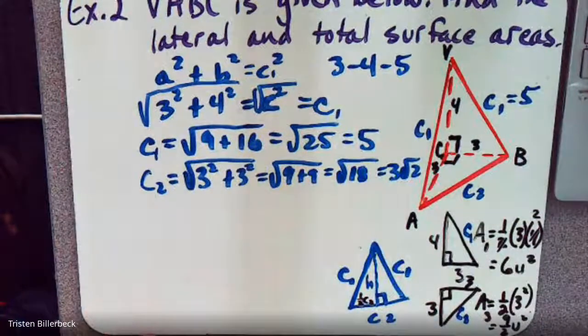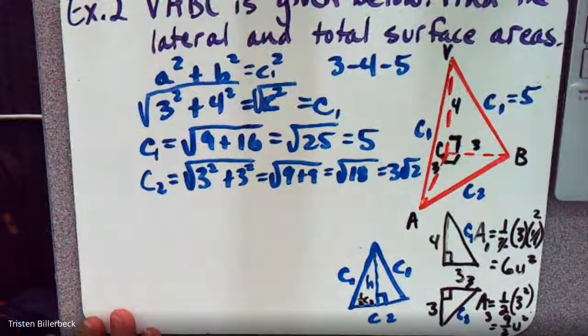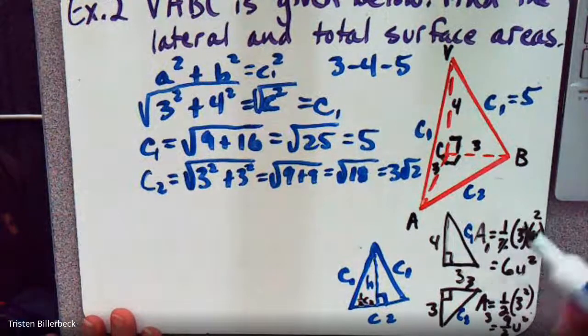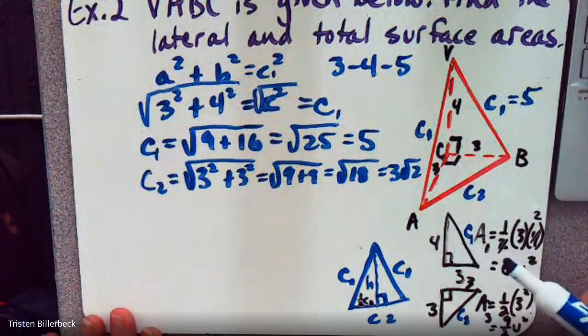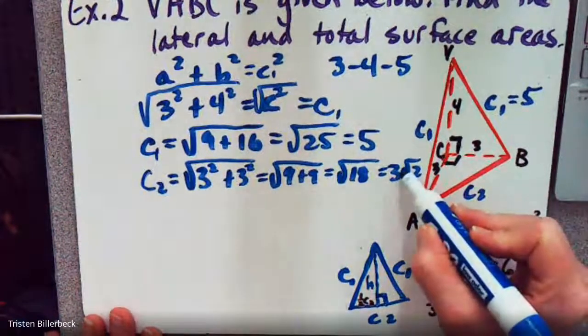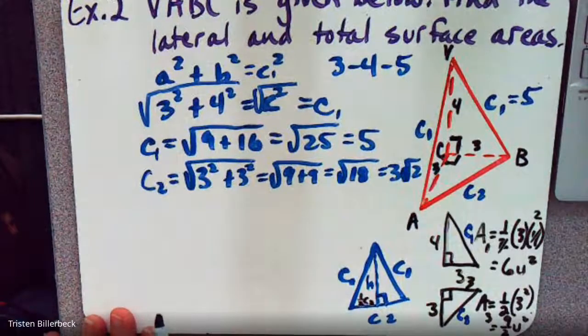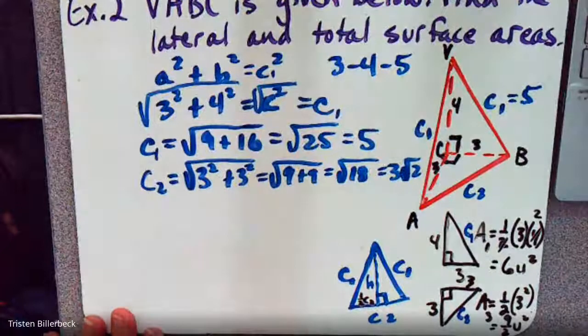Okay, so that's not easy, but that's C2. We could have found that with special triangles too, the 45, 45, 90 triangle. One day you'll learn about that. Okay, so now we have C2, so half C2 then is going to be 3 halves radical 2.